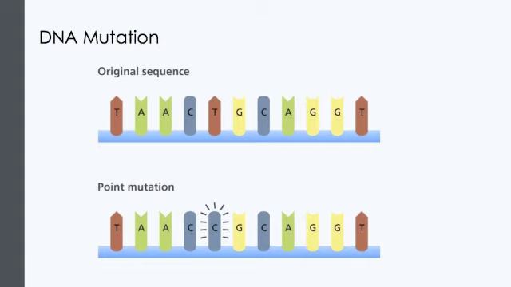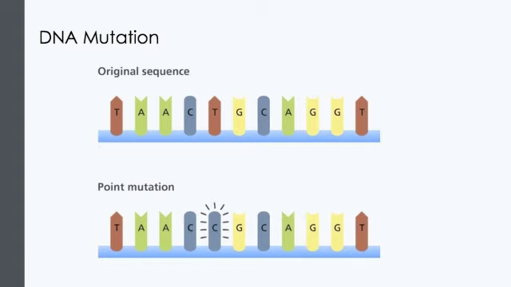So the transcriptional machinery will come in and start transcribing this DNA sequence into mRNA. So the first set of triplets, TAA, would transcribe into AUU. The second set of triplets, CTG, would transcribe into GAC.